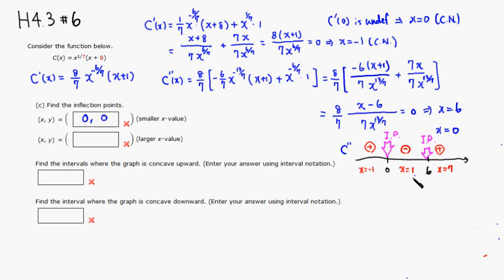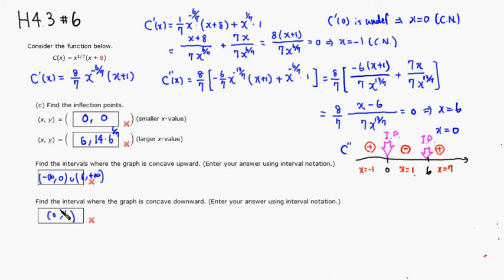And when x equals 6, we have 6 plus 8 is 14 times 6 to the 1/7 power. The interval where the graph is concave upward is negative infinity to 0, and 6 to infinity. Concave downward is between 0 and 6.